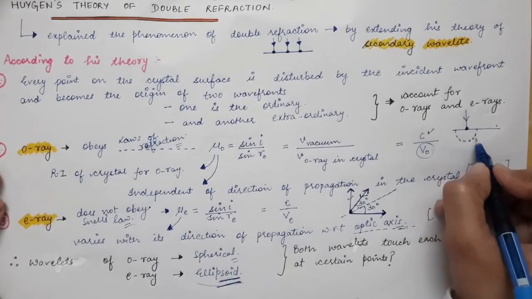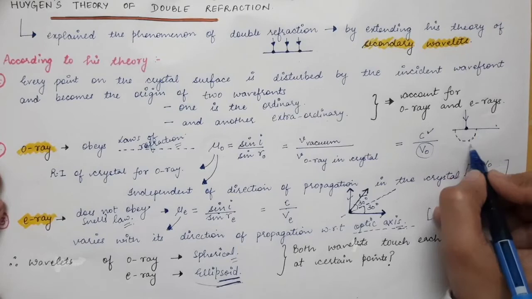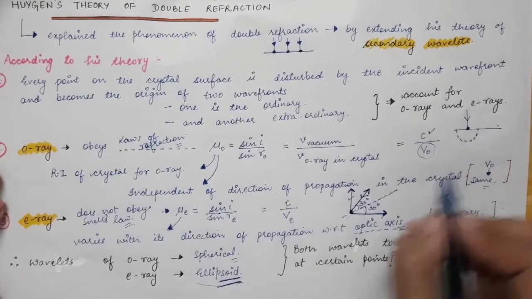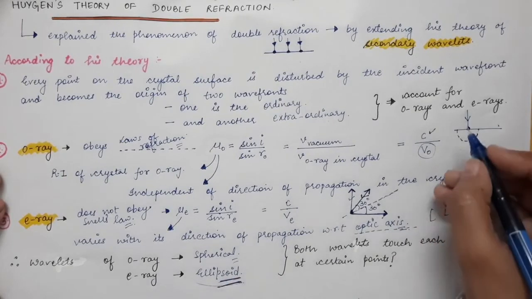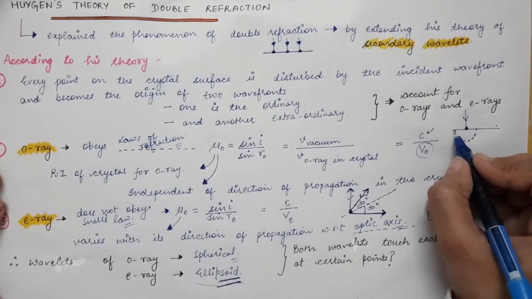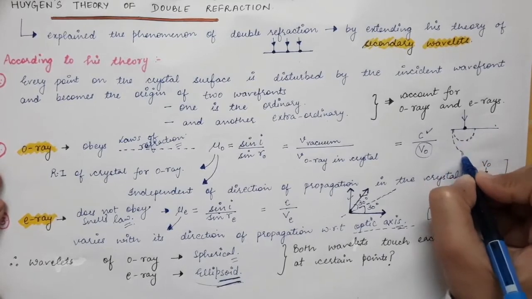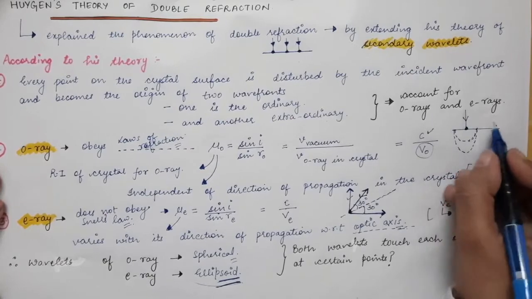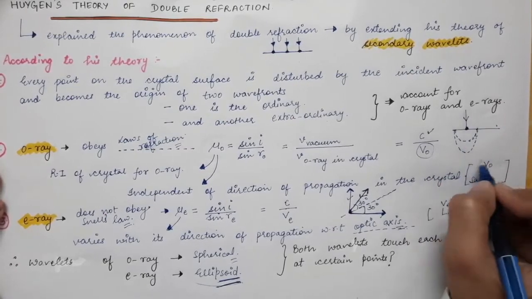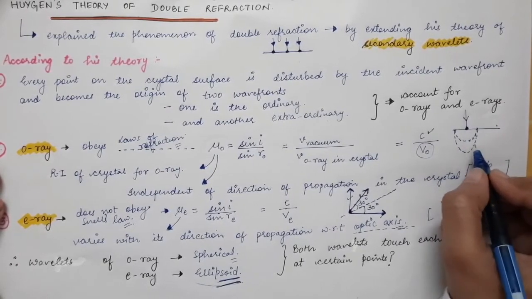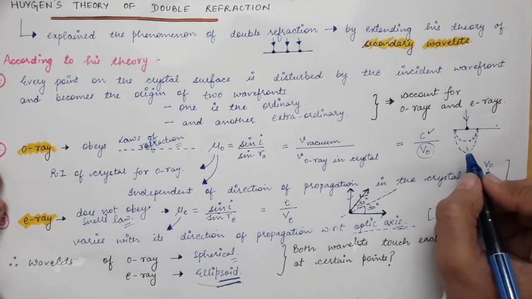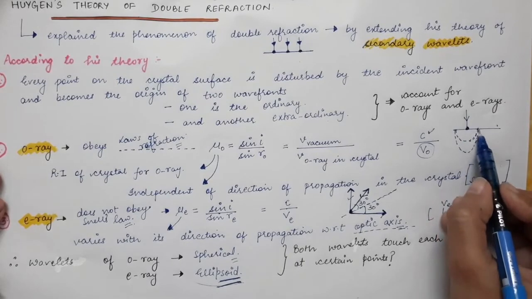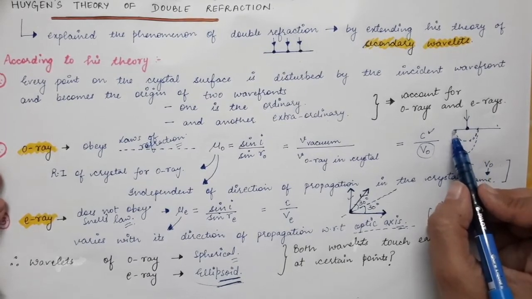So the wavelet for the O-ray will be spherical with this point as the center. And for the case of E-ray, the wavelet will be ellipsoid, something like this. It is a three-dimensional picture, so if you are on this page, you are only viewing the two-dimensional picture, but actually it will be three-dimensional. So for the E-ray, the wavelets are ellipsoid in shape.